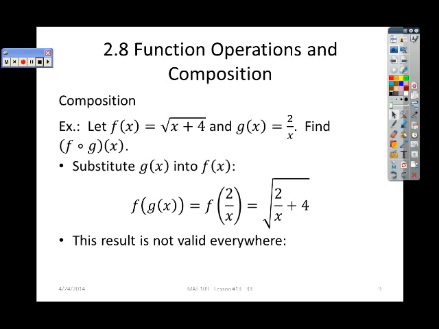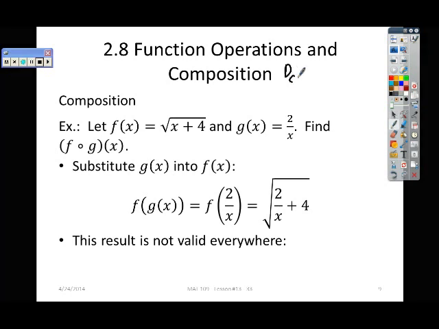So the domain of g is minus infinity to 0 union 0 to infinity. It's everything except 0, isn't it? So our domain of this overall thing can't be any bigger than that. The domain of this can't have 0 in it either.